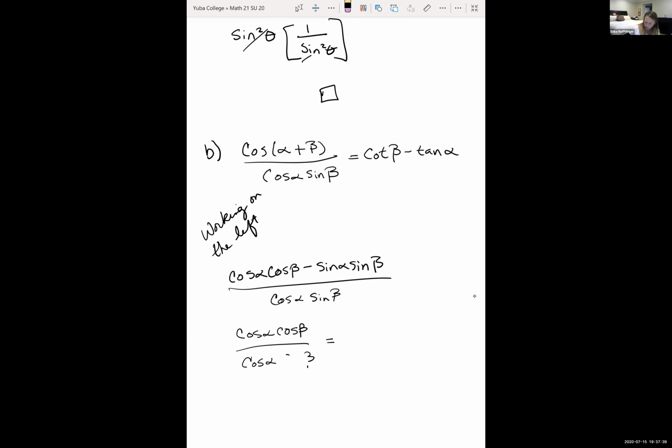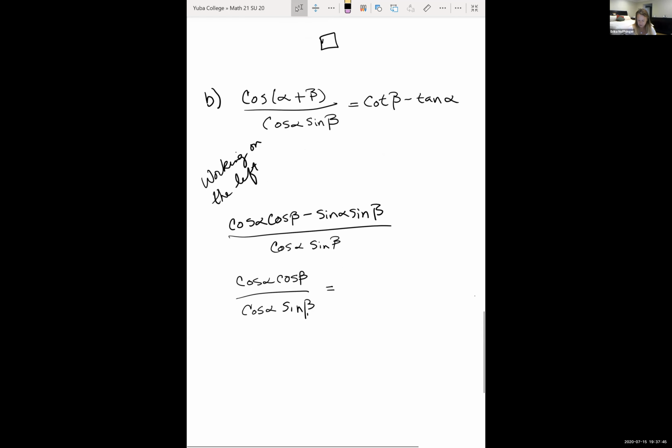Knew something was wrong because I wasn't getting where I wanted. Okay, so minus sine alpha, sine beta over our denominator, cosine alpha, sine beta.